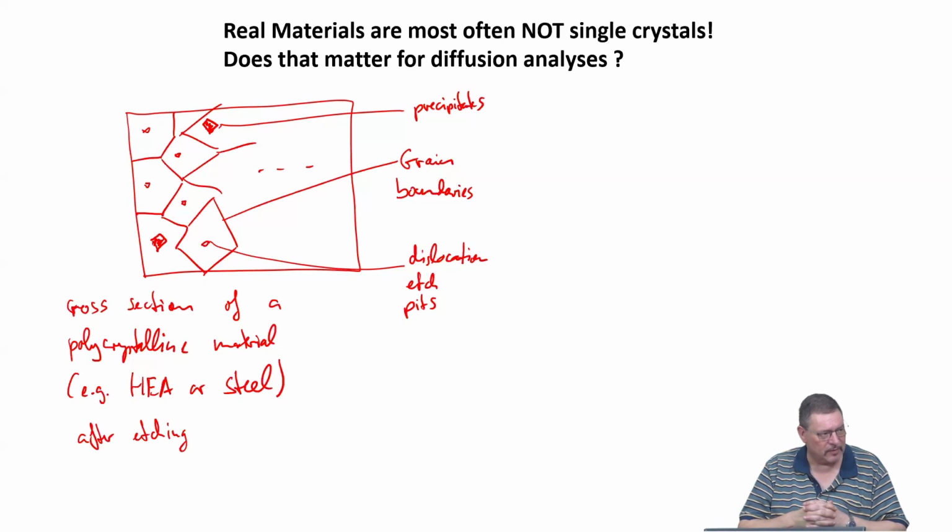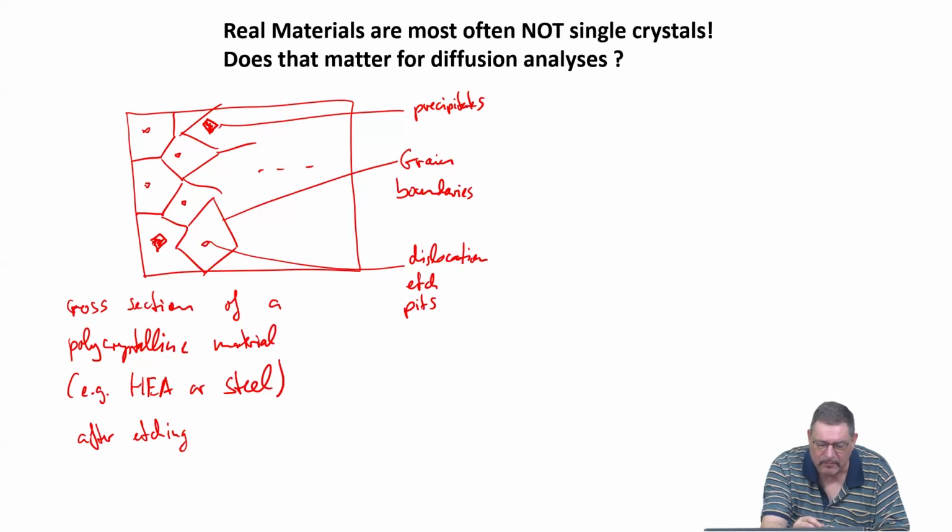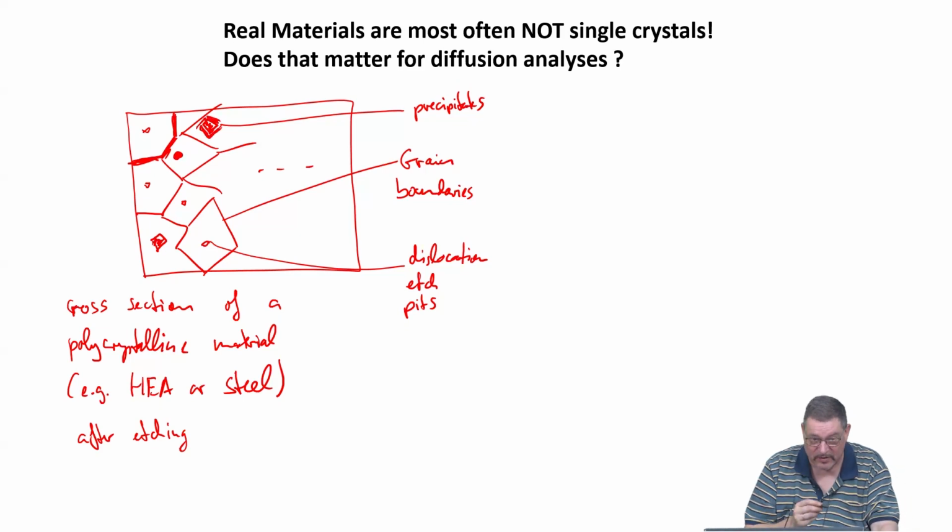Difficult situation, right? Because we have to take into account that the tracer moves along the boundaries, but also along the dislocations, maybe along all the interfaces to the precipitate. It has a different rate through the precipitate as through the volume.